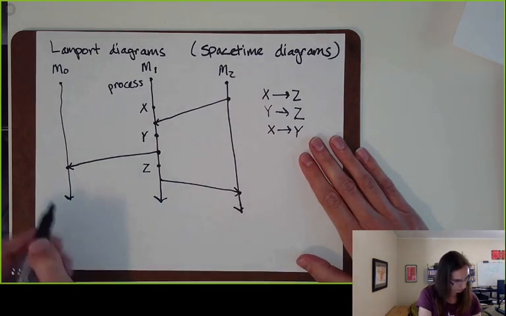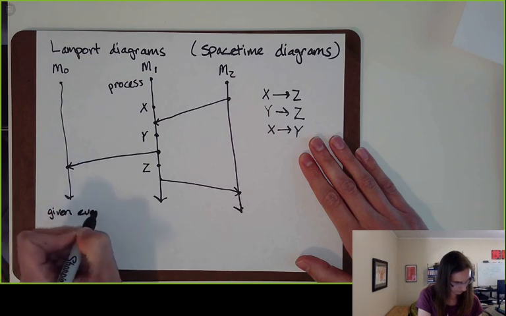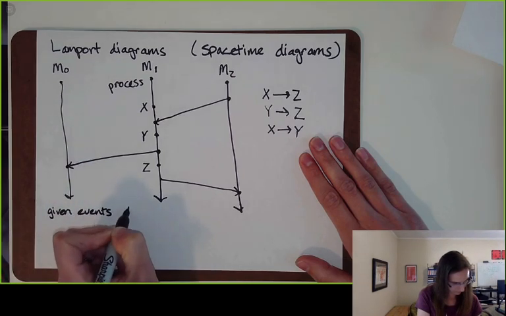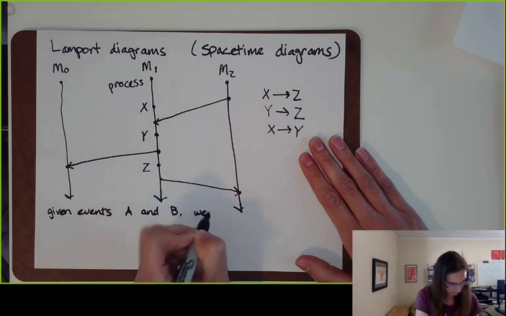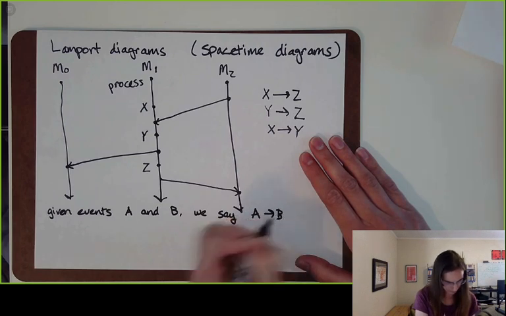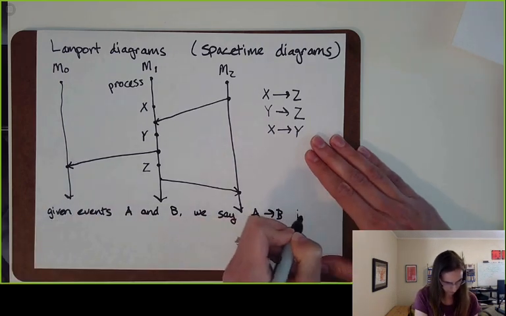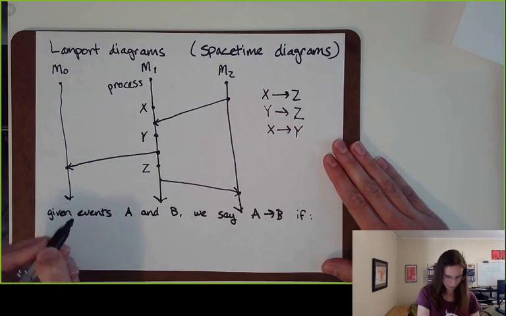So given any 2 events, we say A happened before B if any of the following are true.